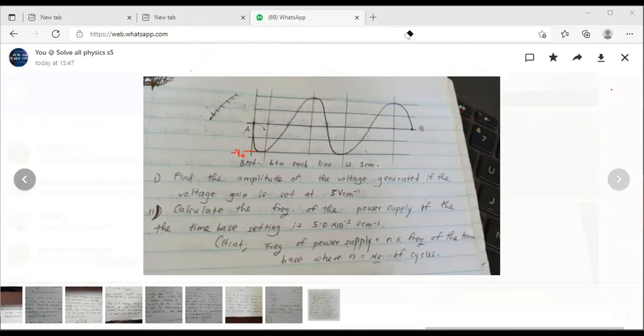Let me first add these people who are not on WhatsApp. Anyone with a peak value?